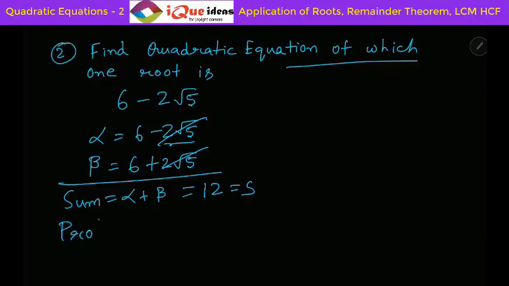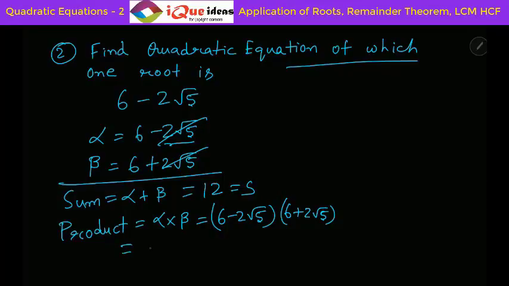Similarly, if you multiply, you will get the product of roots. Now the product of roots will be alpha into beta. Alpha into beta is 6 minus 2 root 5 into 6 plus 2 root 5. Now this is a minus b into a plus b, it will become a square minus b square. So it becomes 6 square minus 2 root 5 whole square. 6 square is 36. 2 root 5 square will be, 2 square is 4, root 5 square is 5.